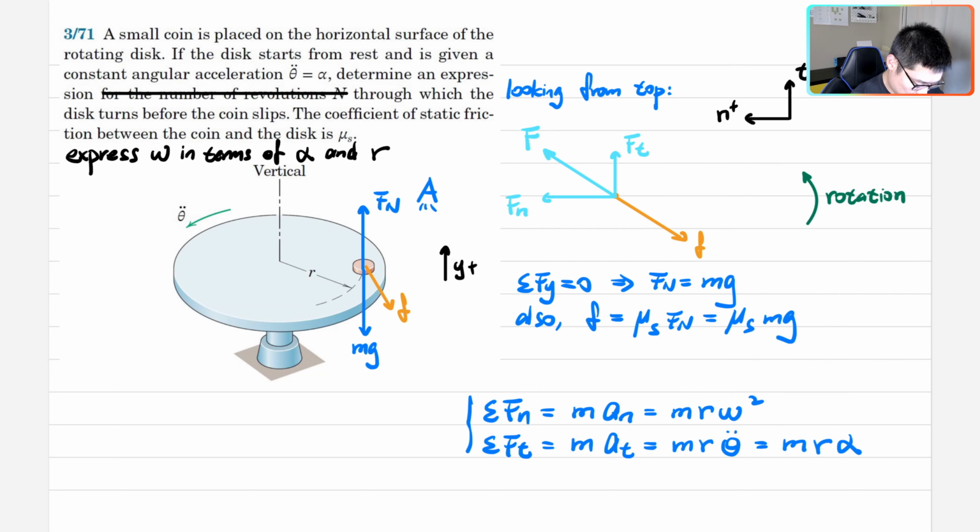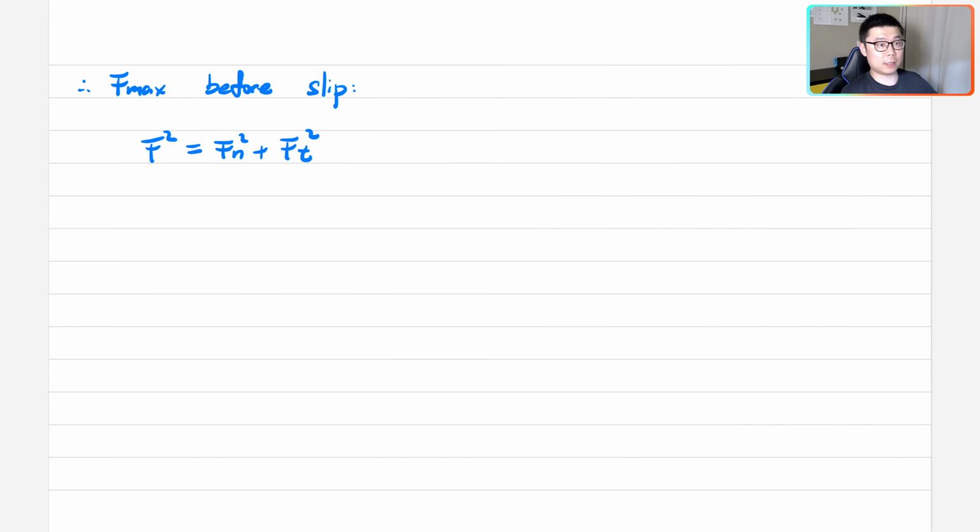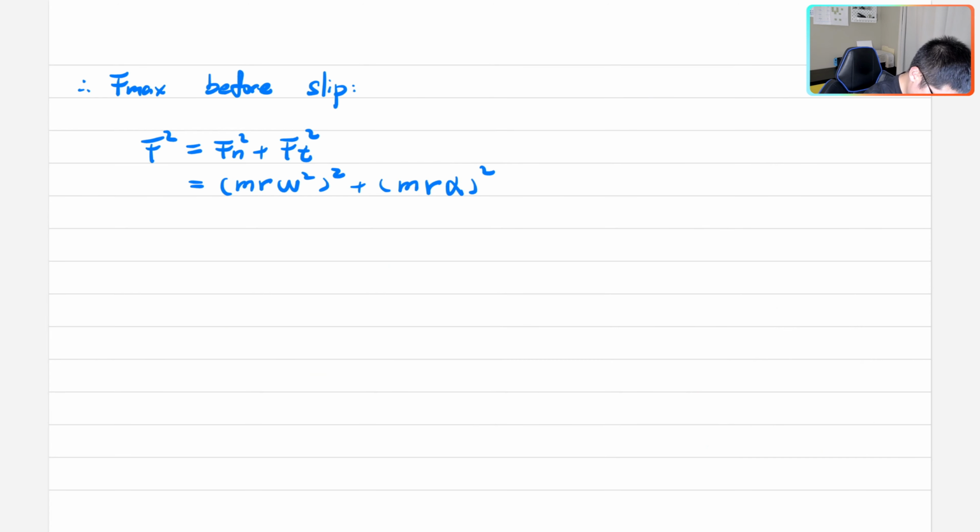Now let's write everything down. F max before slip is what we want to calculate. By the Pythagorean theorem, F squared is Fn squared plus Ft squared. This is the total force considering the tangential direction and the normal direction in the circular motion. Copying things over, m r omega squared and m r alpha squared.